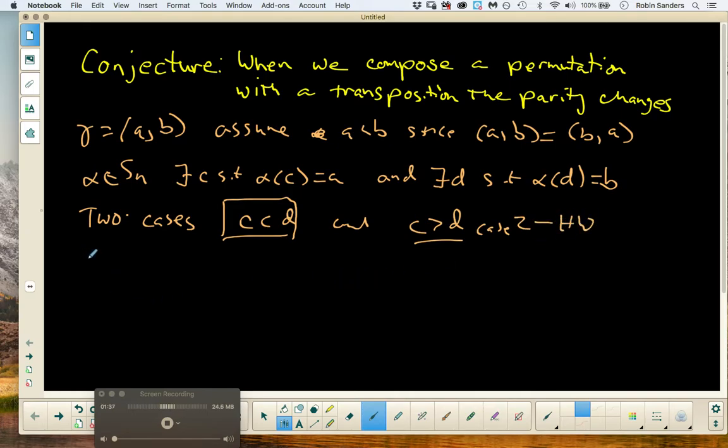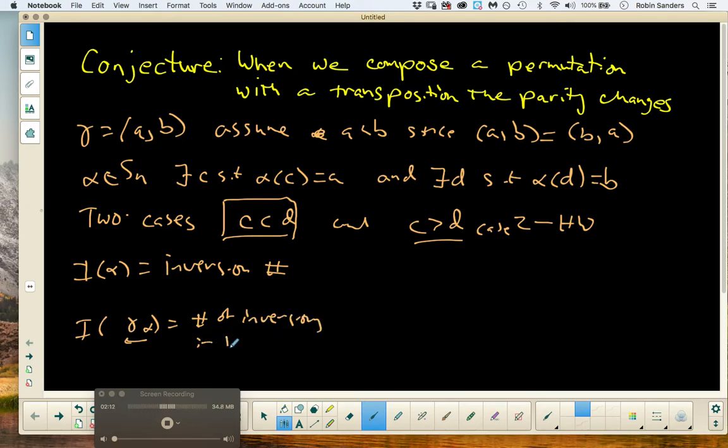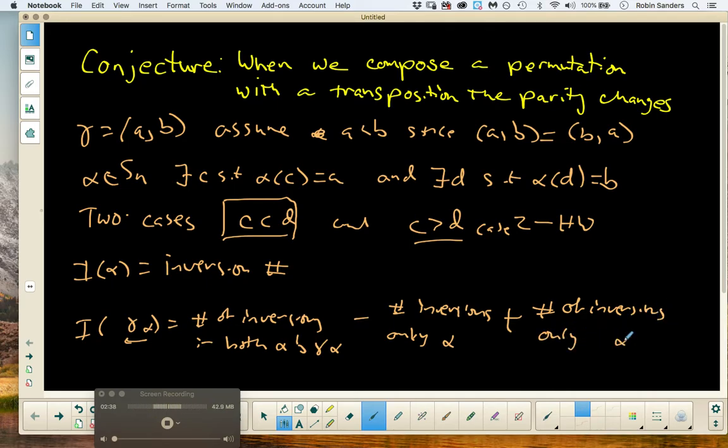And what I want to notice is that the basic idea in trying to deal with how the parity changes is that, if we use this notation for the inversion number, the inversion number of first do alpha, then do gamma is essentially going to be the number of inversions in both of the permutations, take away the inversions that appear only in alpha, and then we have to add back the number of inversions that appear only in first do alpha, then do gamma.